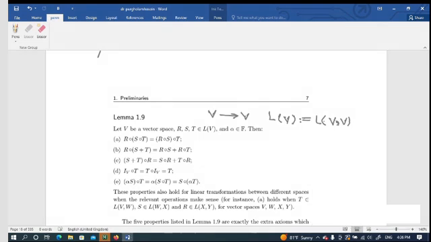Okay. So these transformations are from V to V, and alpha is a scalar. With these conditions, we have R∘(S∘T) equals (R∘S)∘T.